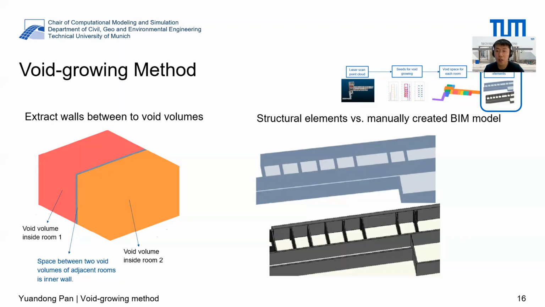The thickness of the inner wall is the distance between these two surfaces. On the right-hand side, you can see the final result of our approach and the manually created BIM model, after removing the ceilings for better visualization.